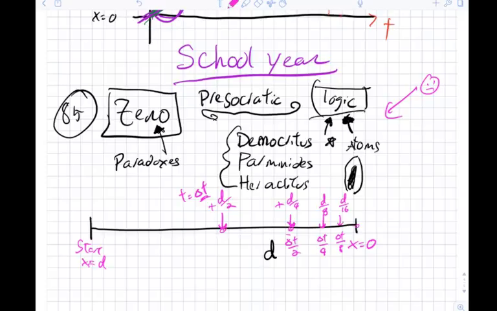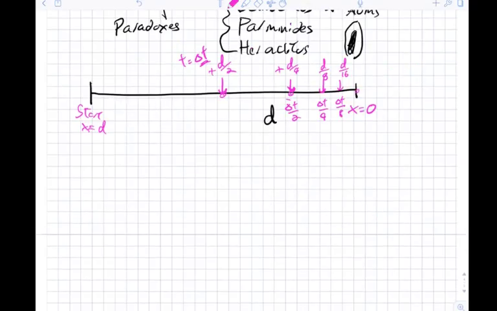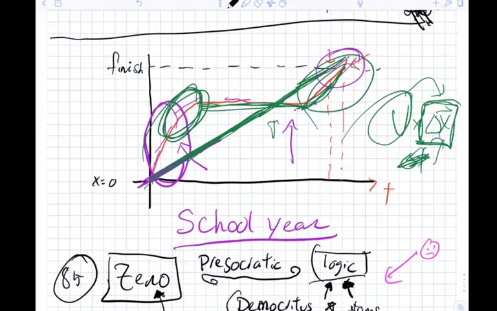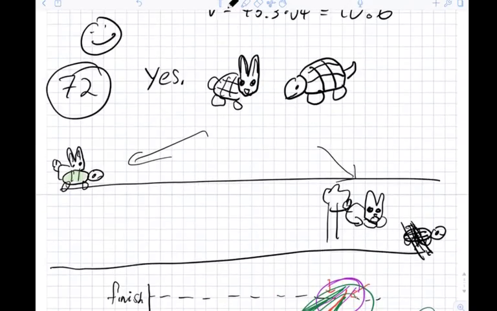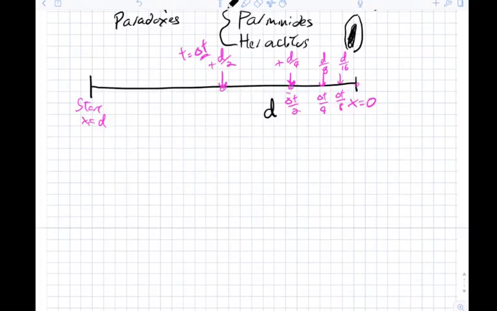Long and the short of this is that Zeno actually had 3 paradoxes. One of them involved Achilles and a turtle, and it was actually kind of like this. Another one involved shooting an arrow at something.